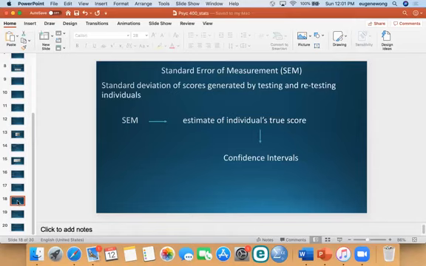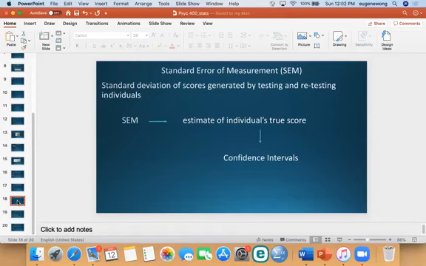Again, knowing that the score on the test today is not, in all likelihood, going to be 100% on point. So given that it's not 100% on point, we want to know what range this person's true score is likely to fall in.